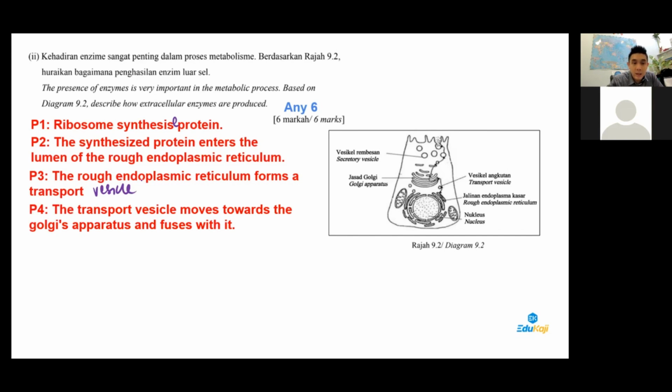the protein, move towards Golgi, fuse with it.